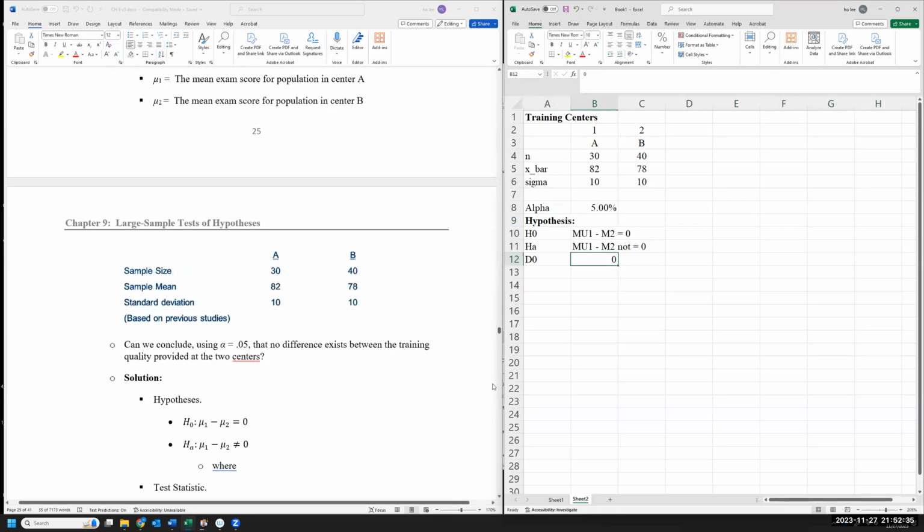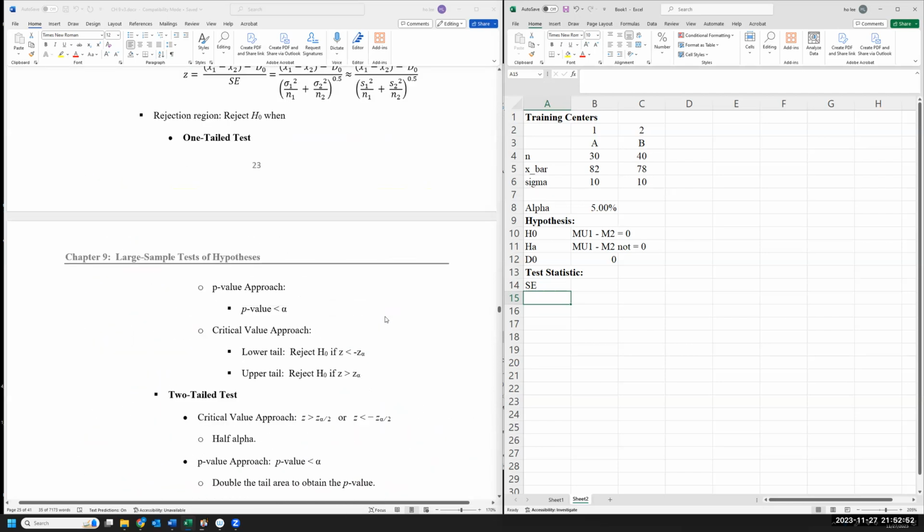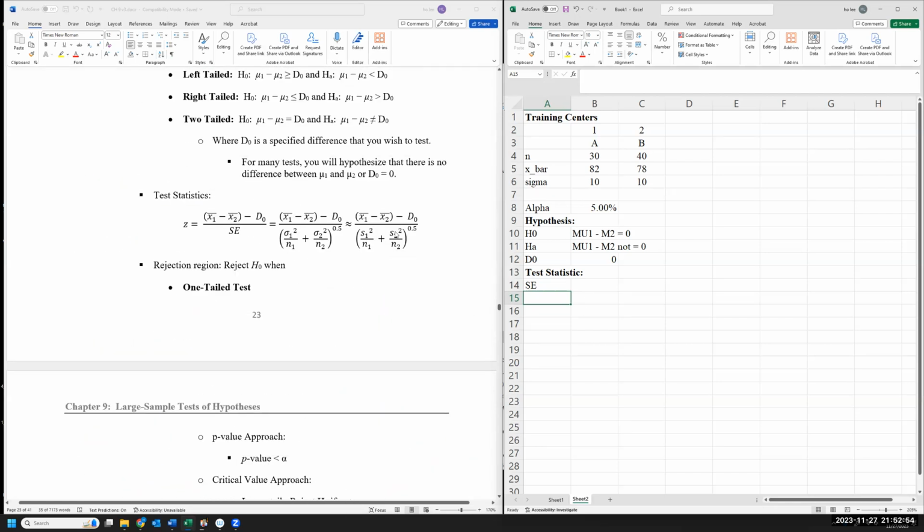And the test statistic. Here, we need to calculate the standard error. And again, to calculate the standard error, let's go look at the formula again. Here it is. It's again complicated, so I'm going to do it in parts.